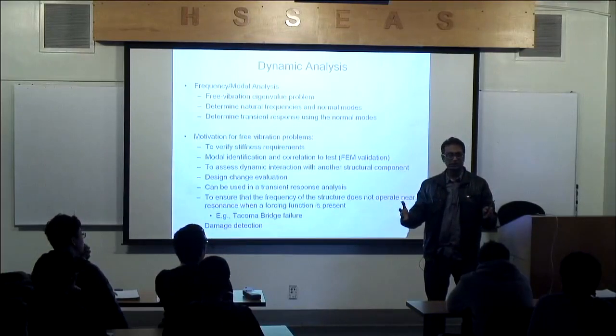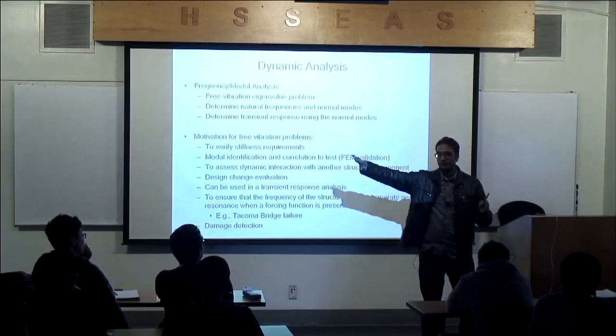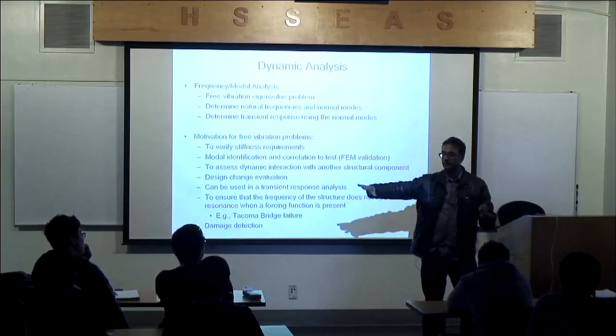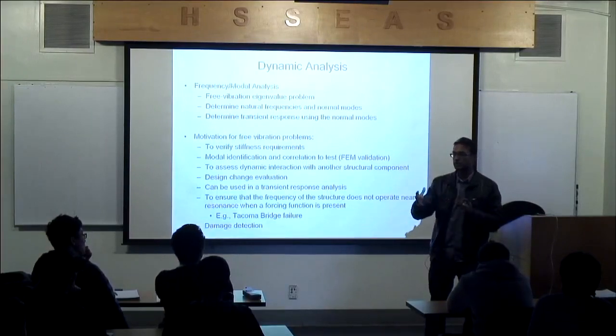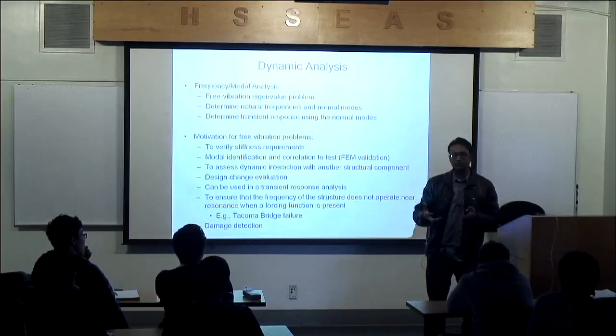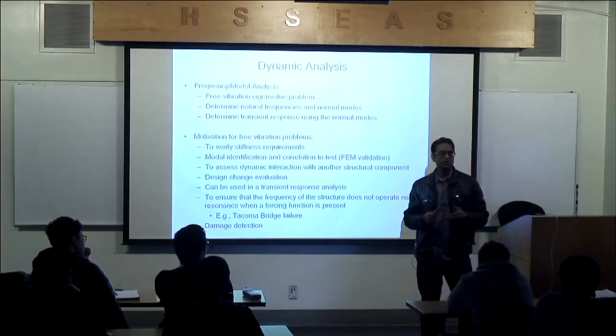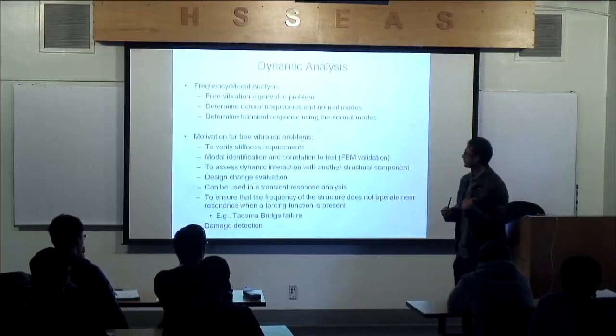Most likely, if anything, you're putting your weight on that table, so it's bending just one way. So in that particular situation, including mode shapes that are not relevant to the problem is an overkill. Okay? So if we learn the dynamic characteristics of the structure, we can use that to our advantage.